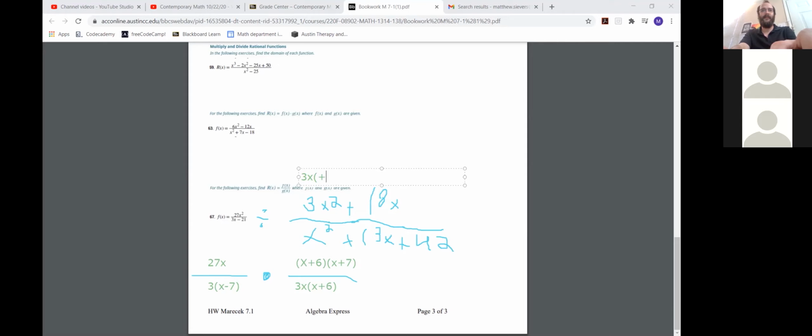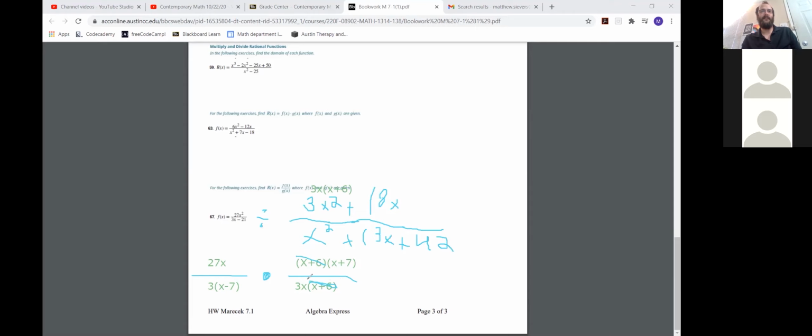If I flip them and make it multiplication, this is the x plus 6, x plus 7 on bottom. All right, so now I'm slashing things. What do I need to slash? X plus 6. Yep. X plus 6 is gone.